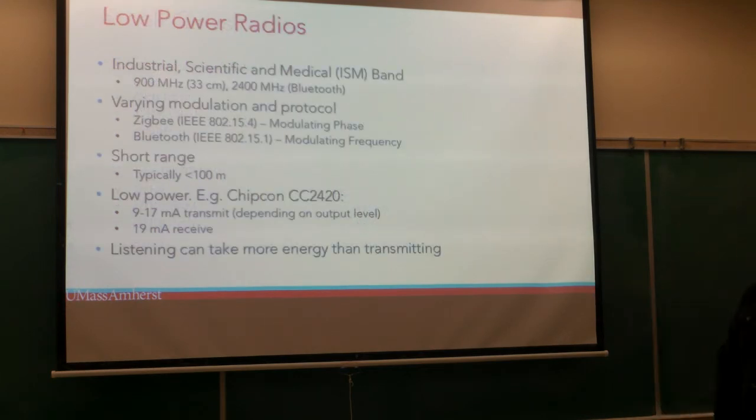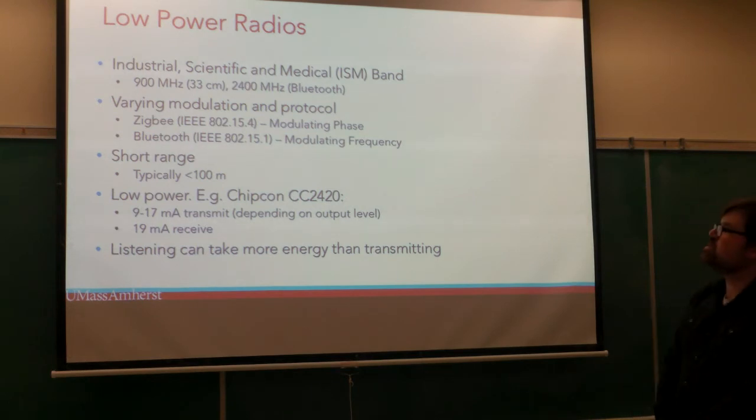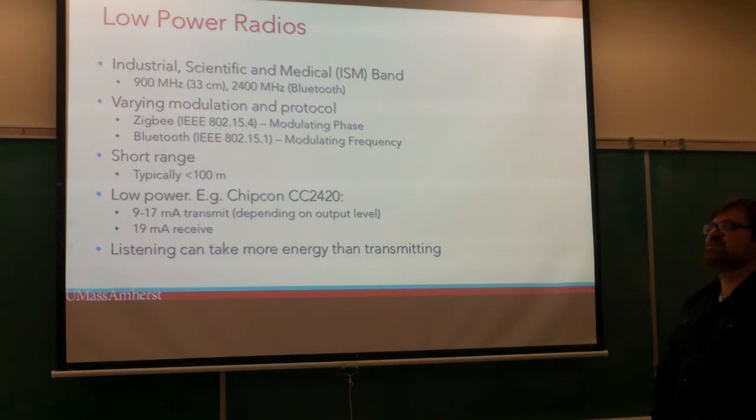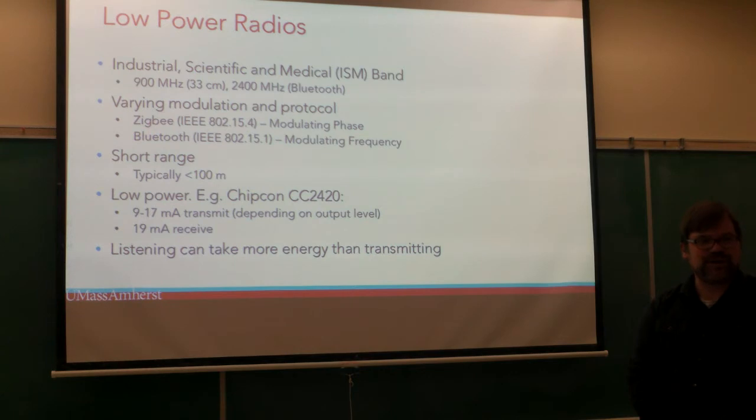Now a little bit about the low power radios that you find inside these devices. If you really had all degrees of freedom of control, you could probably make something more tailored to a particular application that's really energy efficient. But there's this pesky entity out there called the FCC, and they don't let you just use whatever radio frequencies you want.